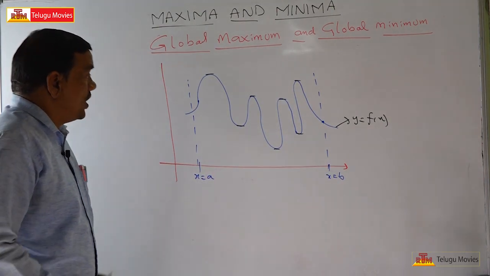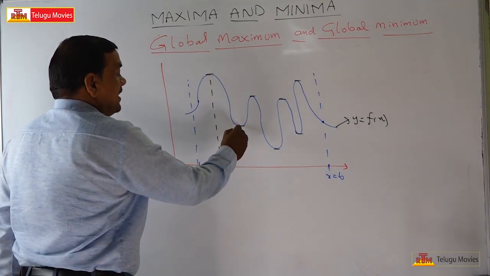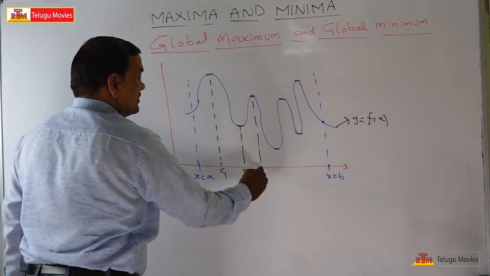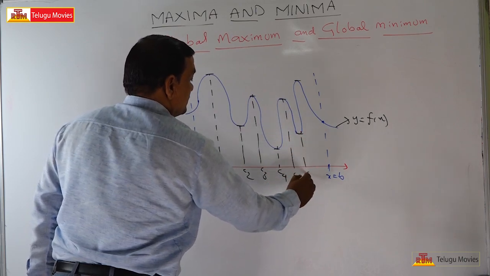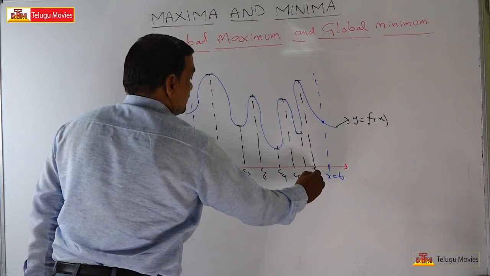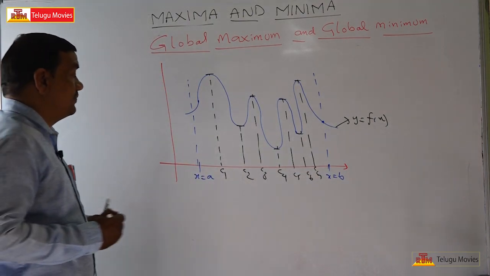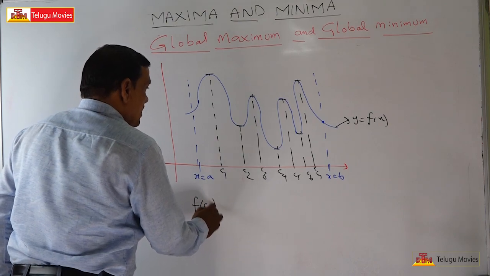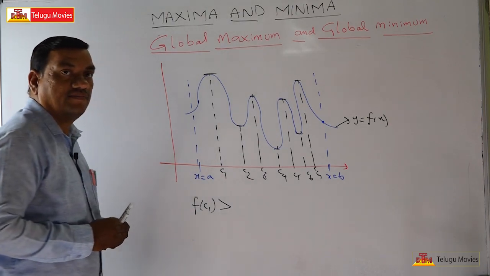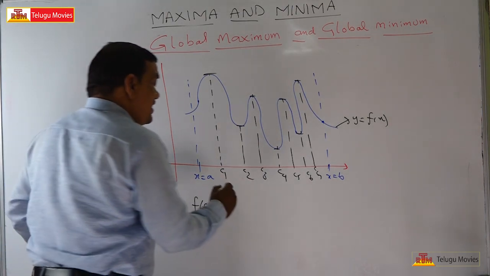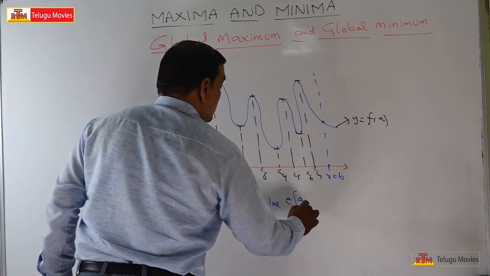Let us say this is C1, C2, C3, C4, C5, C6 and C7. If you observe, f of C1 is greater than any value in the interval a comma b.